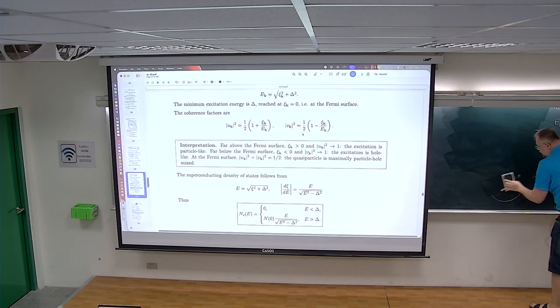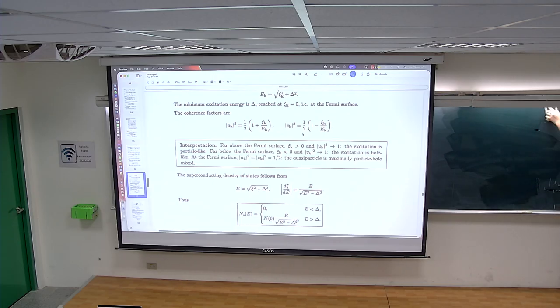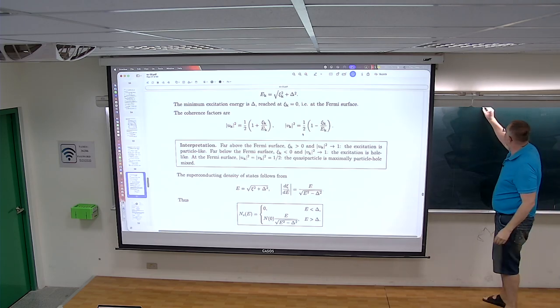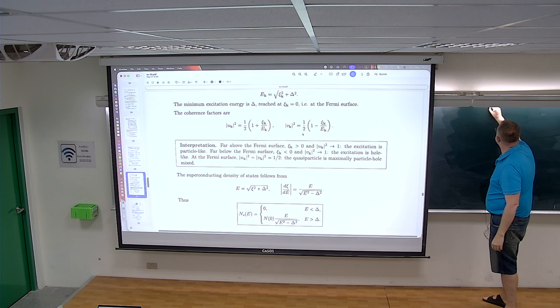So the point is to calculate the density of states. I will just show how to calculate it. I will not make the full calculation. This maybe is a good homework problem, but I will just show you why it's done and how the picture looks. So again, the story is that we compute some superconducting properties.